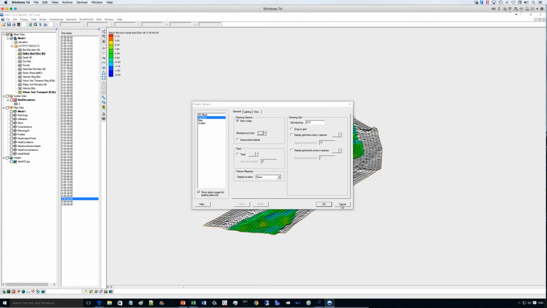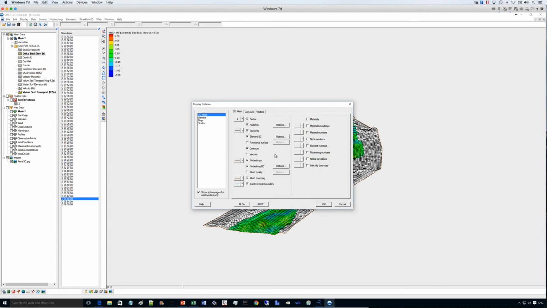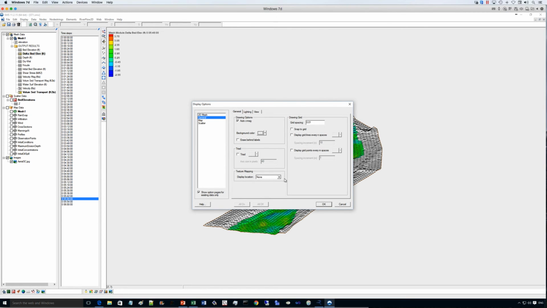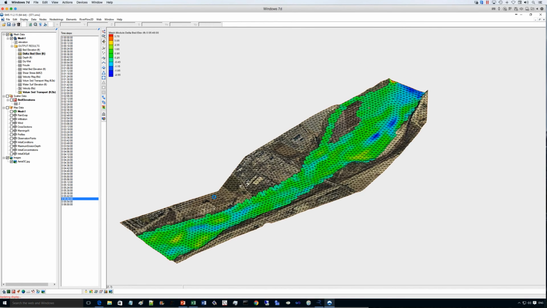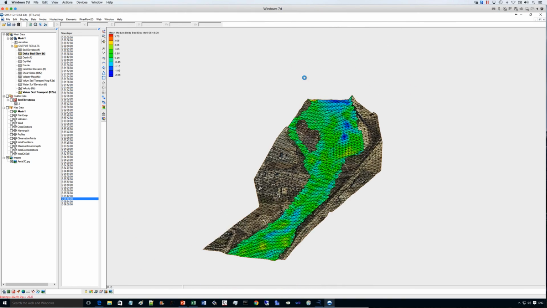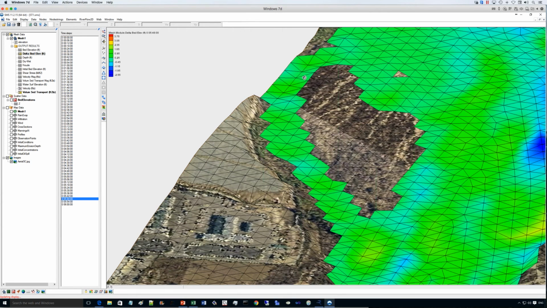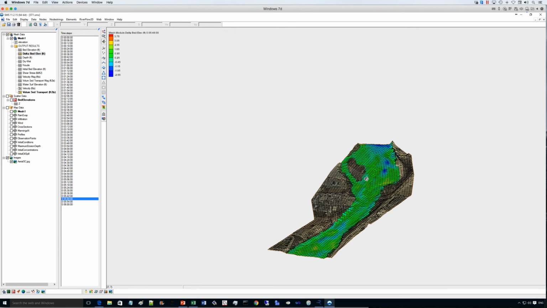For example, if you turn on the image here, you can do a texture mapping. So you have your terrain, your aerial mapped to the terrain, and you can look at that in 3D. So it's quite neat, the visualization things that you can develop in SMS.